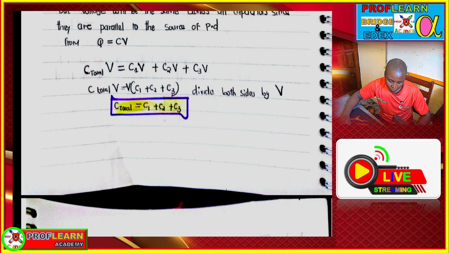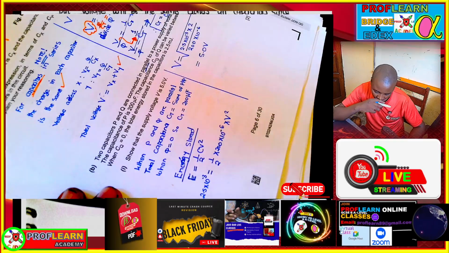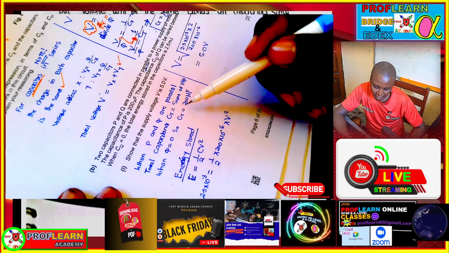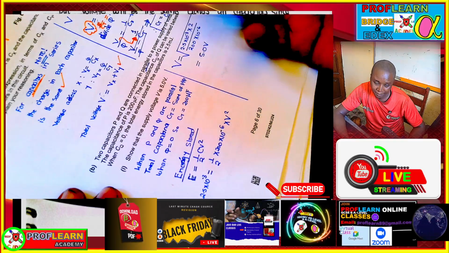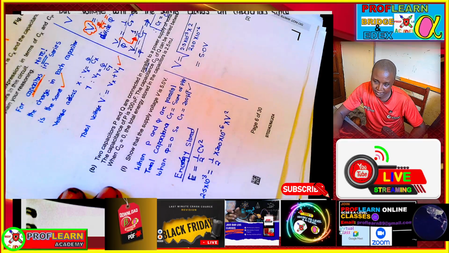Now, having two capacitors in parallel here, and one having a capacitance of 0, it will mean that the total capacitance is going to remain 200, because 200 plus 0 will be that. So this is going to be our total capacitance.